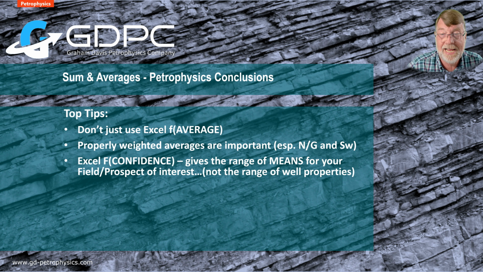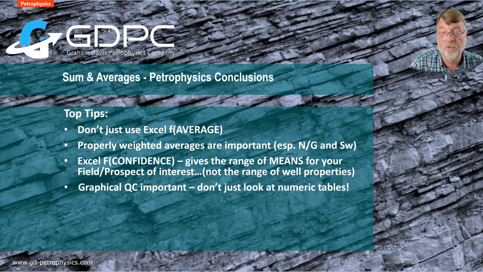The Excel confidence function gives the range of means for your field or prospect of interest, your population means, not the range of well properties. If you were trying to predict the average properties of your next well, for sure, just use the well averages. But if you're trying to predict the average properties of your next oil field, then use this confidence in the mean calculation.